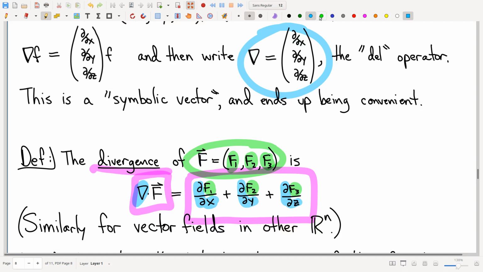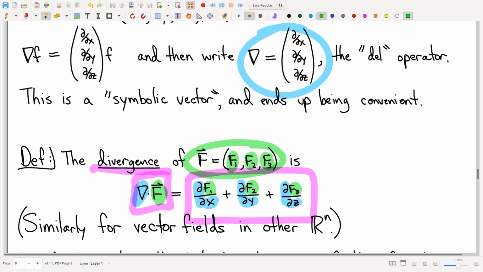We write this as del dot f. Now, it's a little bit of an abuse, right? Dot product is supposed to be something we do to two vectors, and this is not really a vector. But if you're willing to be a little forgiving about the abusive notation, dot really fits nicely. Is that cool?